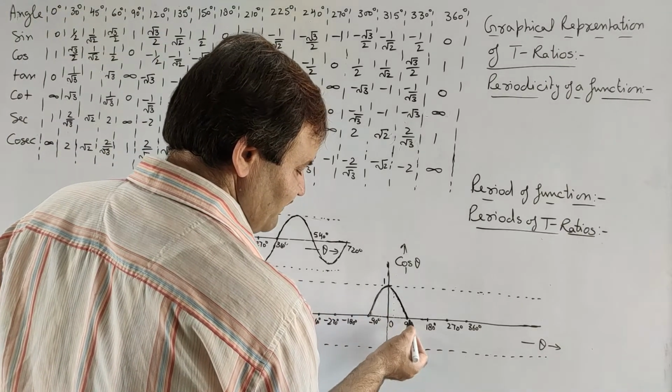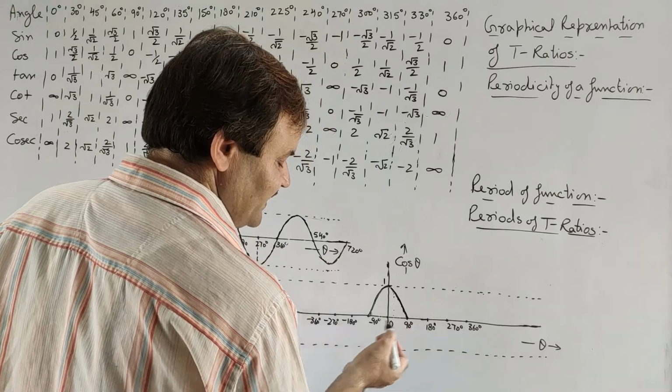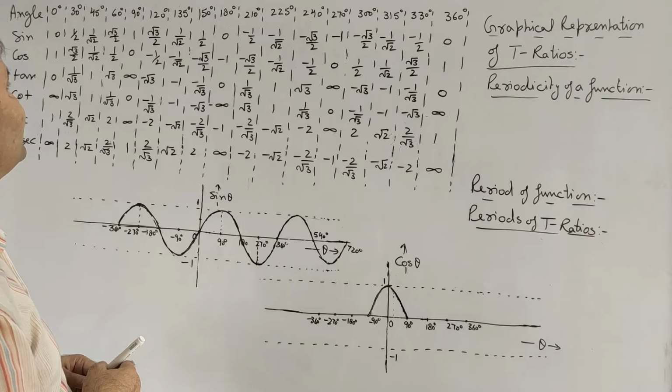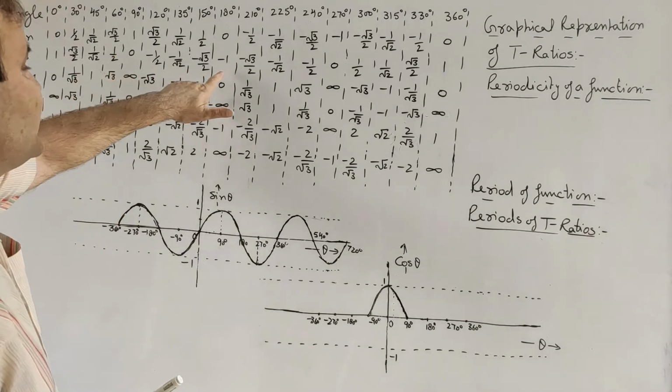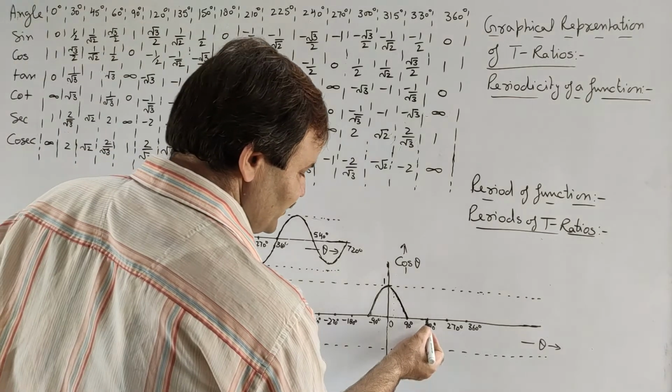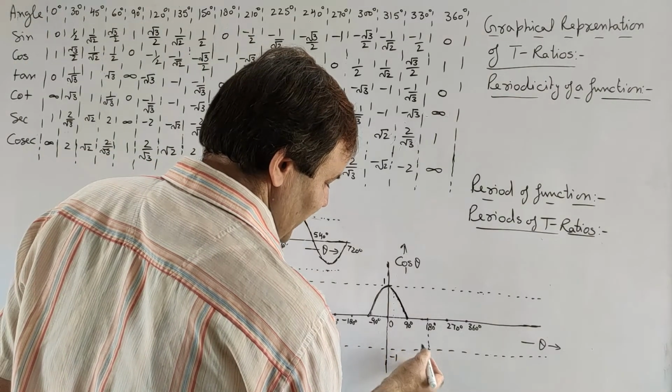Now if we come from 90 degree to 180 degree, then from 90 to 180 the cos is negative, and at 180 degree its value is -1.